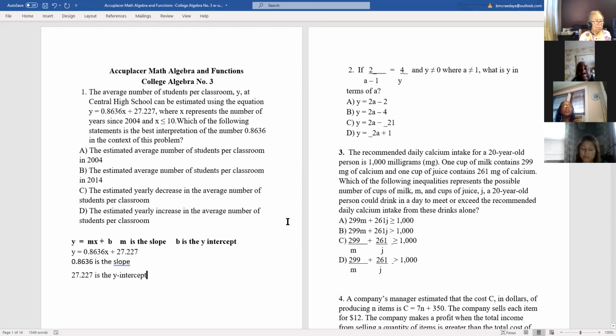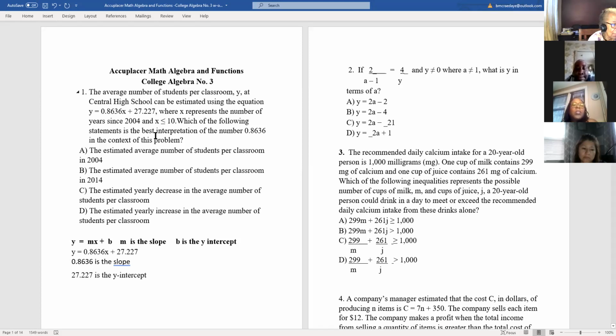I said B. You would say B. Average number of students per classroom in 2014. Remember, I say slope is a rate of change. Which one? D. D as in dog. Correct. D as in donkey.